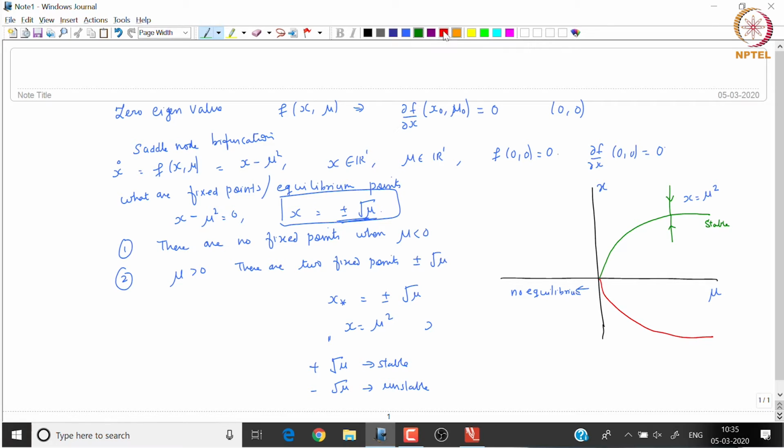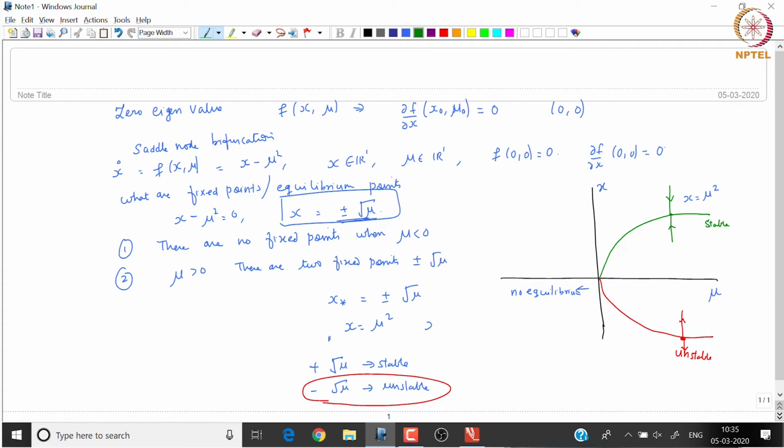Whereas the red curve represents this part of the equilibrium. So for all values where x is the square root of mu with a negative sign, you are looking at an unstable behavior, which means if I plot the vector fields around this, the trajectories will just move away.